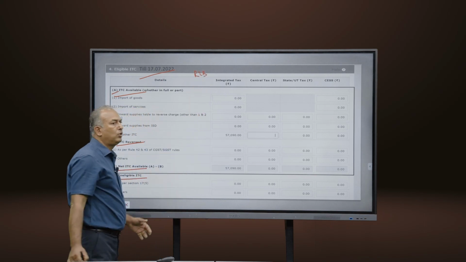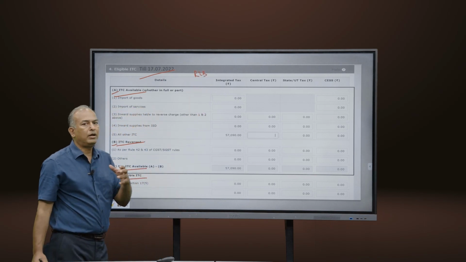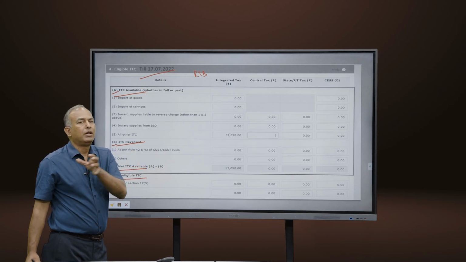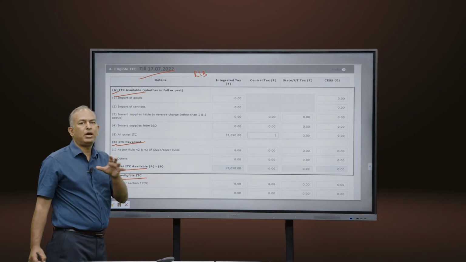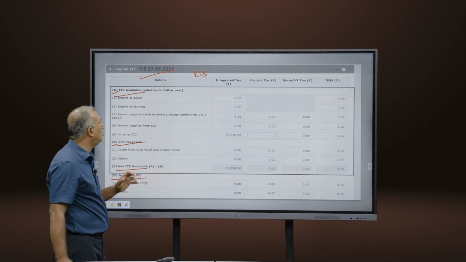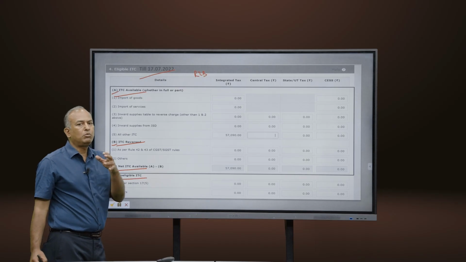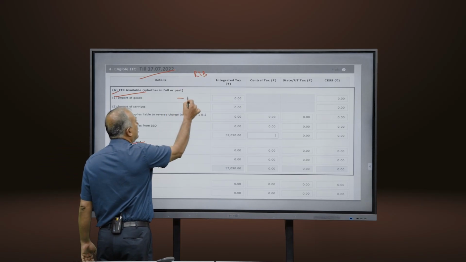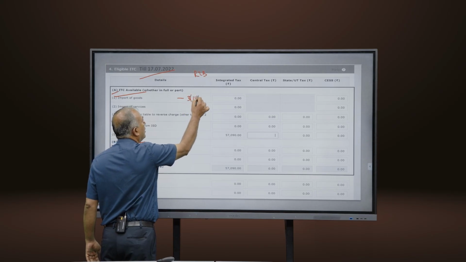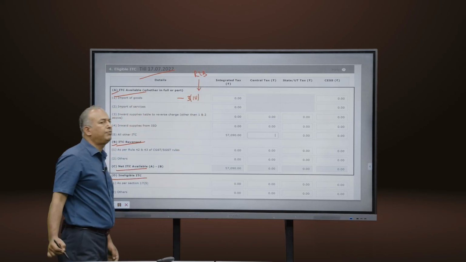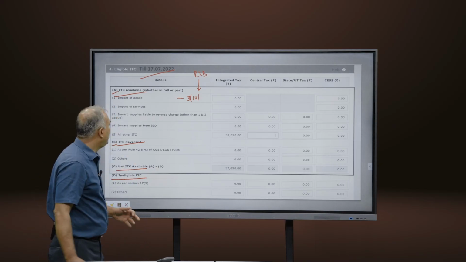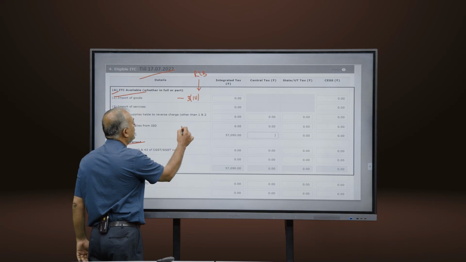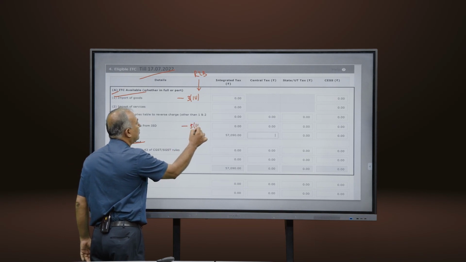Now, if you recall GSTR-2B, there was an available tab, a not available tab, and then you have 3.7A. Whatever you see here is actually from the available tab of GSTR-2B. Import of goods, if you remember, was part D of your GSTR-2A, and it was 3-4 of your 2B. Similarly, the input service distributor came in from 3-2.